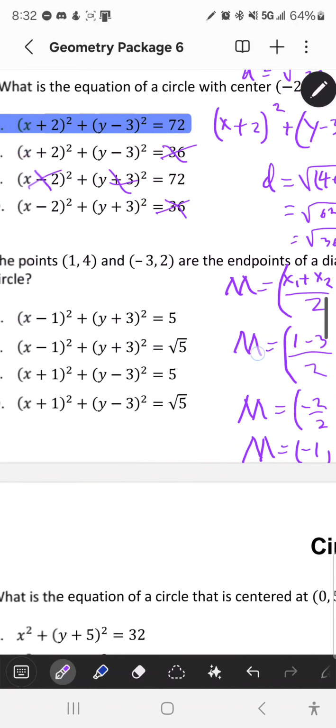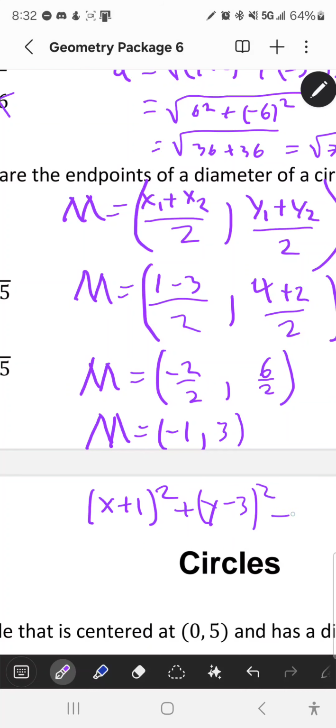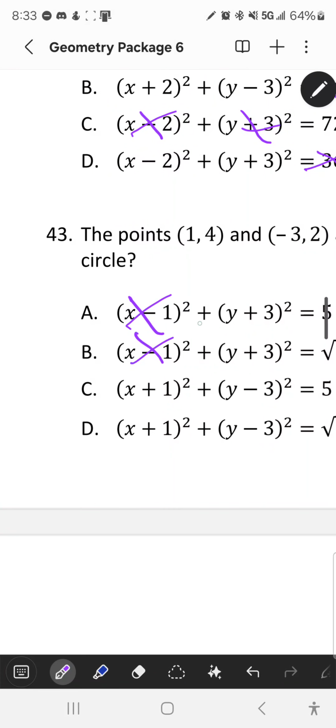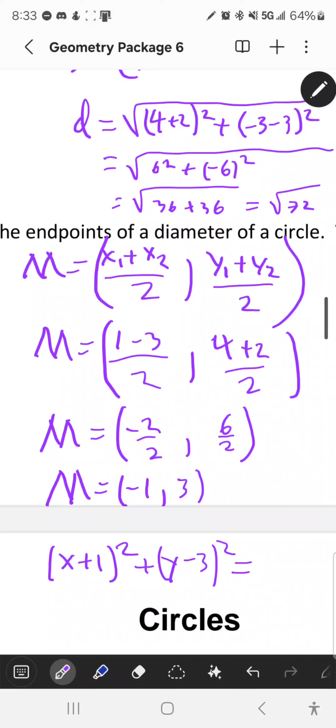So if I'm doing the formula of the circle, it will be x minus negative 1, so x plus 1 squared, plus y minus 3 squared, equals. Now I need the radius, but let's look at this. I can take out a and b based on what we just solved.